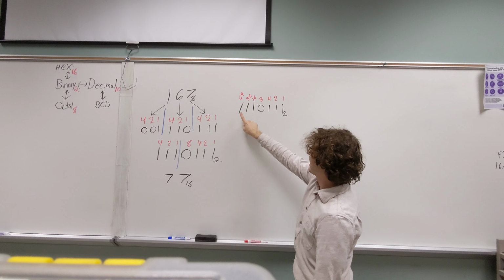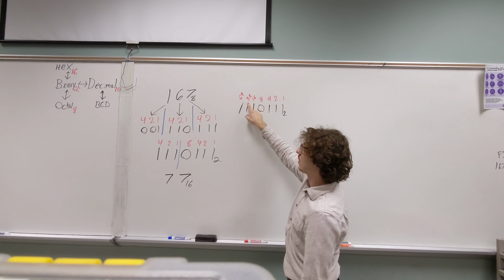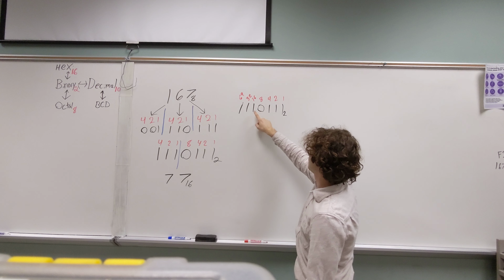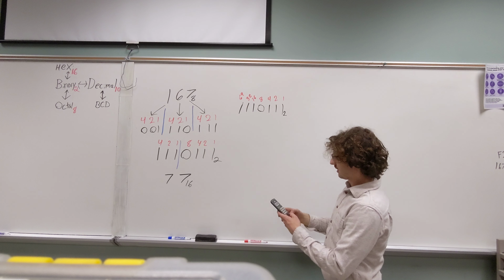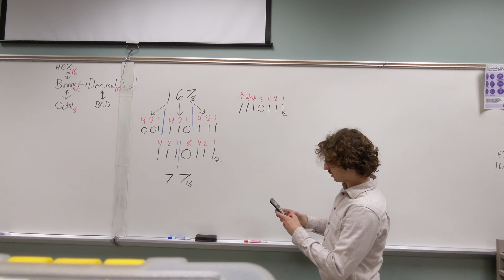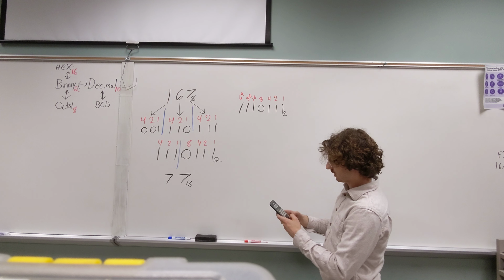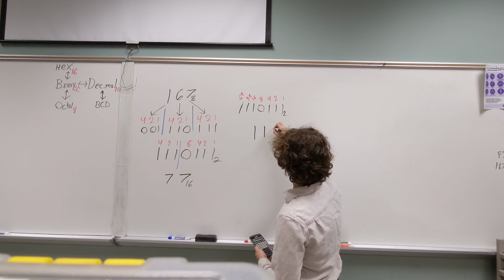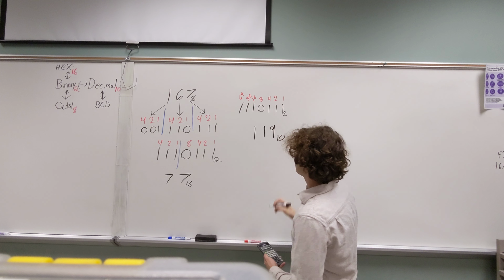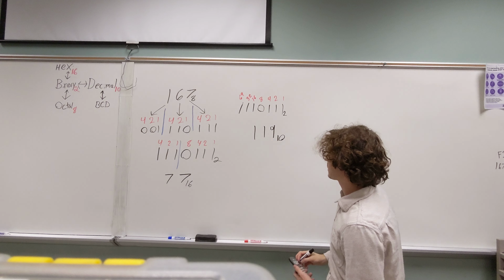So again, we're just going to add every place where we have a 1. So it's going to be 64 plus 32 plus 16 plus 4 plus 2 plus 1. I got 119 base 10. That's our number in decimal.